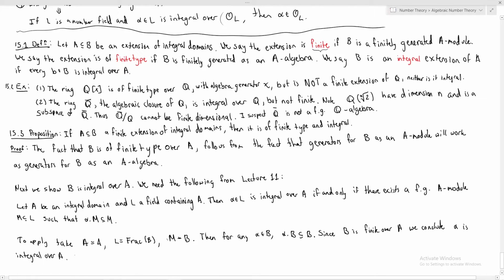Okay. So every element of B is integral over A, therefore this is an integral extension of rings as well.